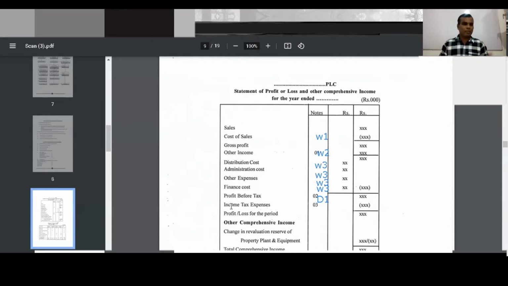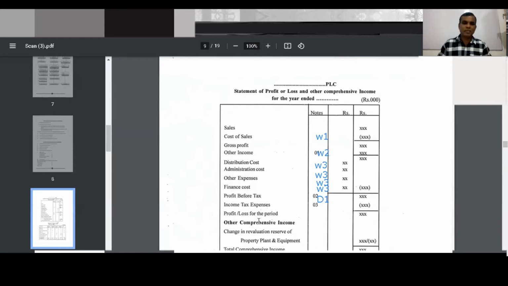It does not have a legal personality, so the sole trade business owner should not pay tax by the name of the business. Partnership as well is not having a legal personality, so partners should not pay tax by the name of the partnership, but a company has a legal personality, so the company should pay tax by the name of the company.